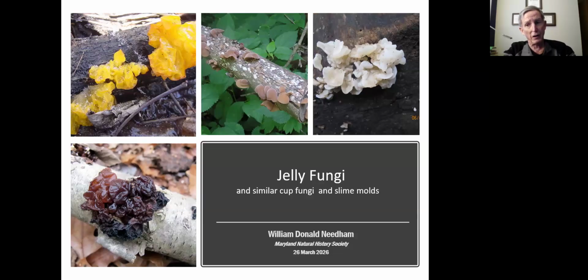And jelly fungi are, I think, notoriously ill-defined both in appearance and, when we look into it, you'll find that they're not very well defined in taxonomy either. Almost all mushroom guides will have a section called jelly fungi.